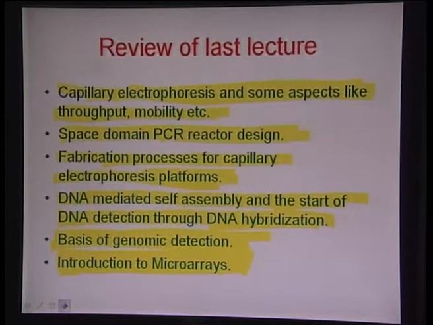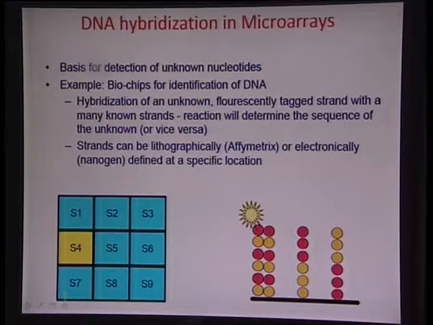So let us look at what hybridization really is and how microarrays function. You have these capture probes, as you can see in this slide, of multiple DNA molecules, and these capture probes are immobilized onto the surface at the bottom, more like a library.